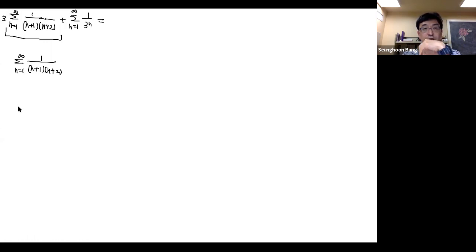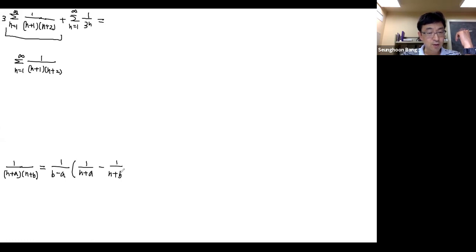You have to change it to the partial fraction form. Remember this one? I'm going to use the formula: 1 over (n plus a) times (n plus b) equals 1 over (b minus a) times [1 over (n plus a) minus 1 over (n plus b)]. You can use this.